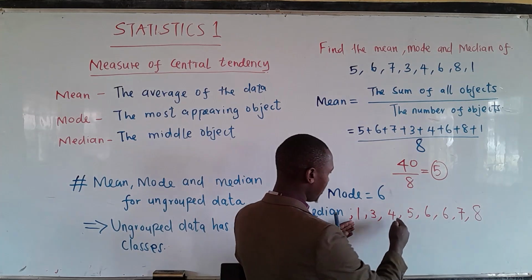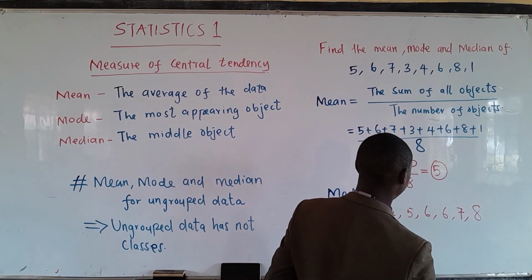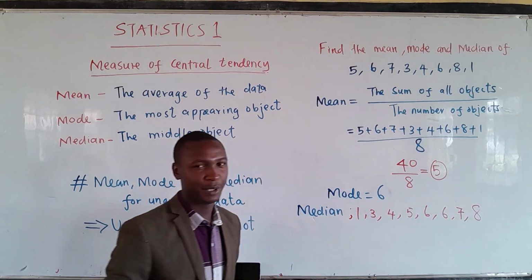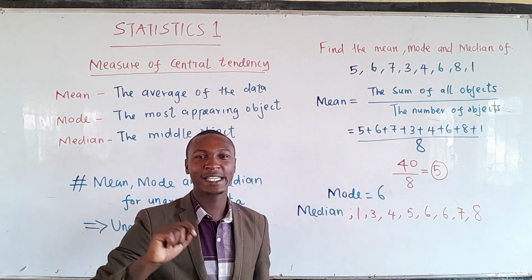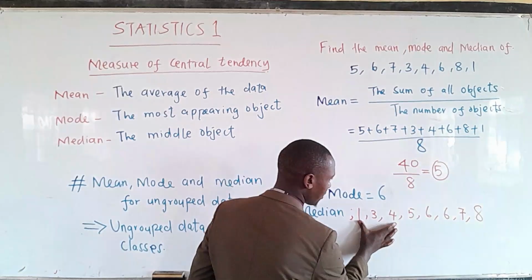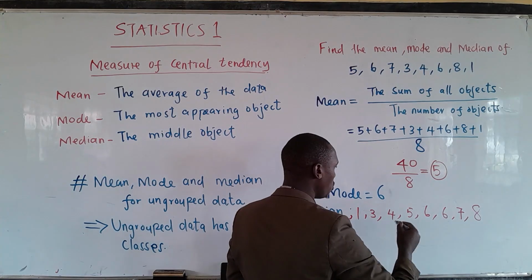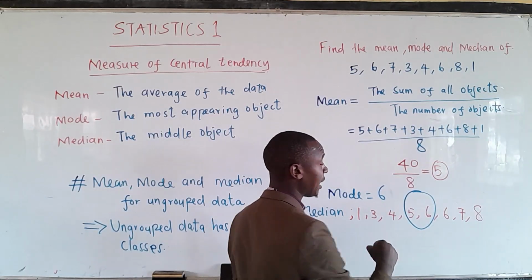Now we want to find the middle term. If I look at the first 3 and the last 3, we have 2 terms at the middle. The moment you get 2 terms at the middle, you're going to find their average.